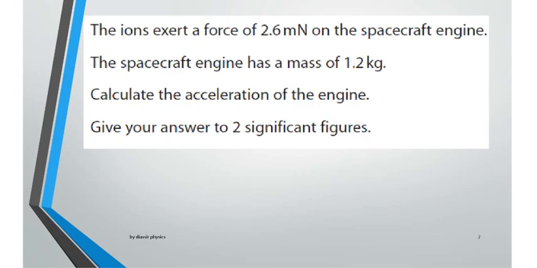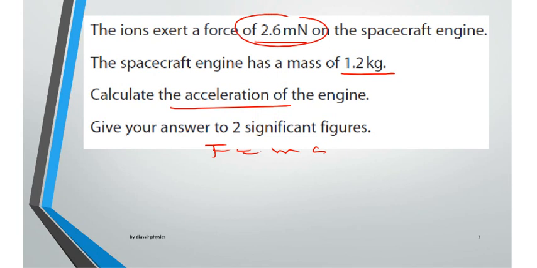Here, in the same example, the gas exerts a force of 2.6 millinewtons and the mass is 1.2 kg, and we are asked for the acceleration. The relationship is F = ma, and the force has to be multiplied by 10^-3 to make it newtons. So 2.6 x 10^-3 newtons equals 1.2 times the acceleration.